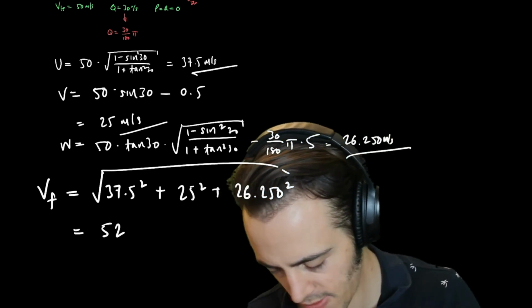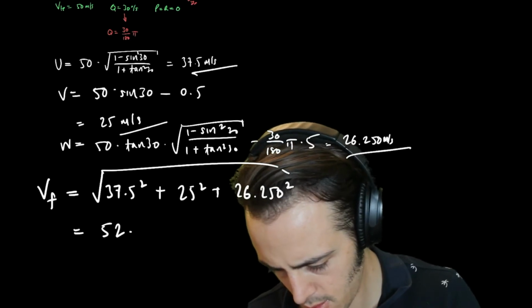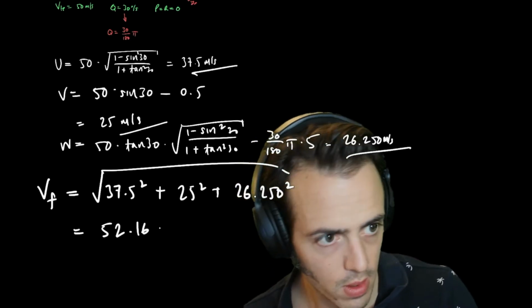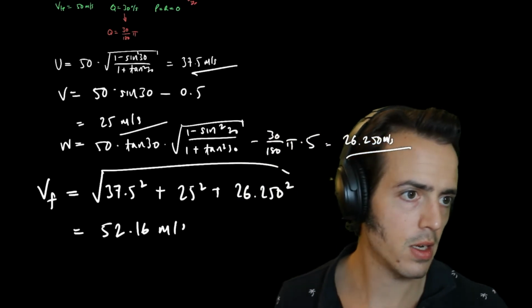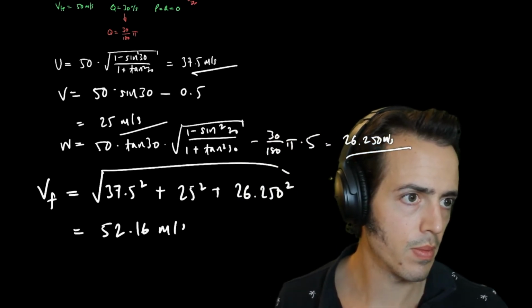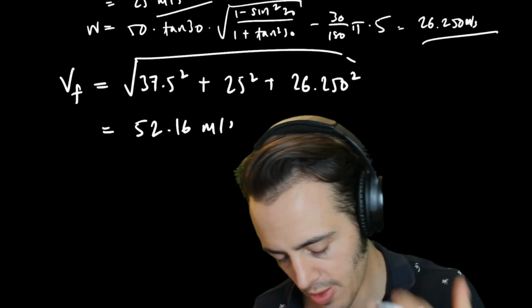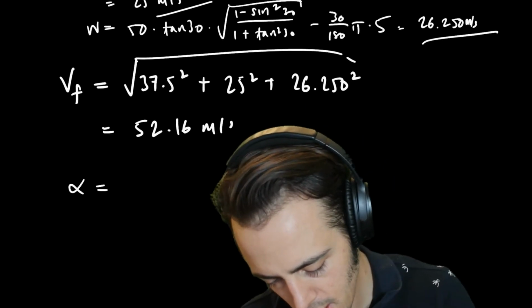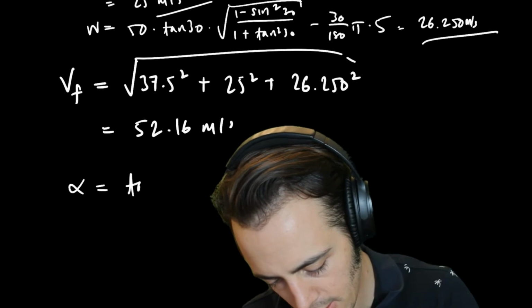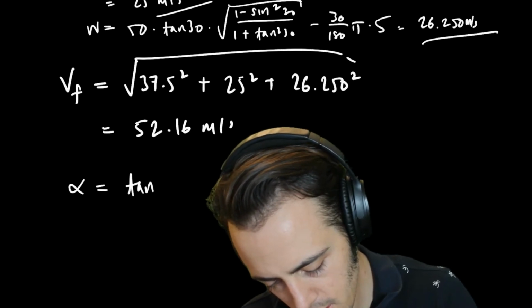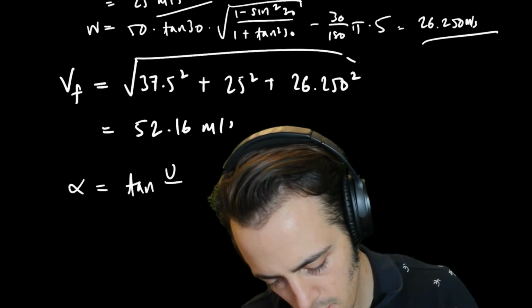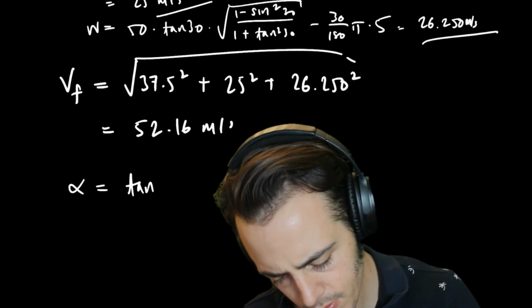So we get a flight speed of 52.16 meters per second. We could then recover the aircraft angle of attack as well during this instantaneous pitching maneuver. Alpha is equal to the arc tangent of W on U.